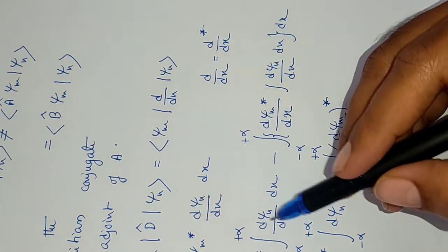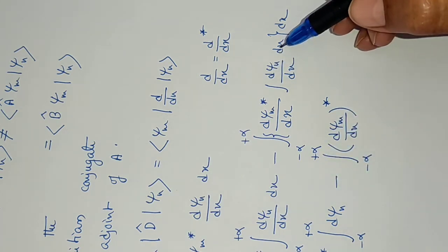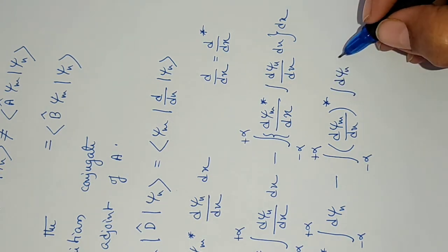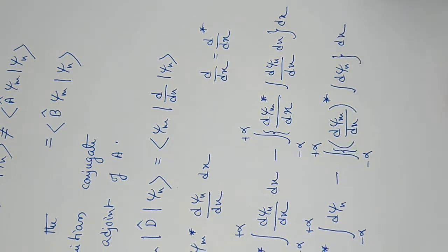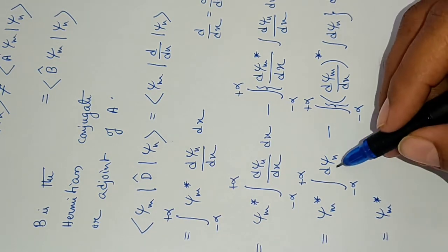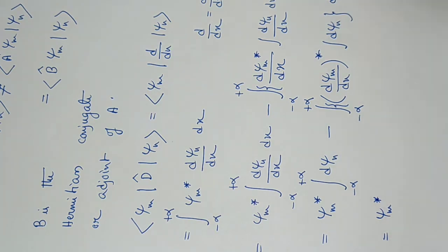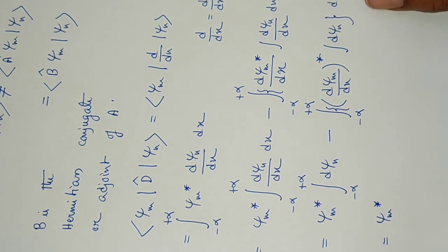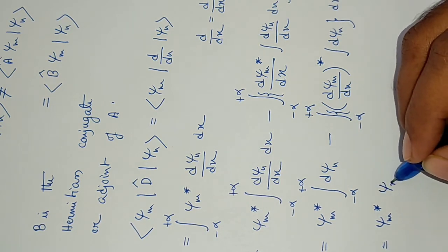Now this is similar to this one, so here we will have dψ, and this will lead to ψm star. Now integration and differentiation nullify each other. Don't say that they cancel each other. The effects are nullifying. So it will give us ψn.